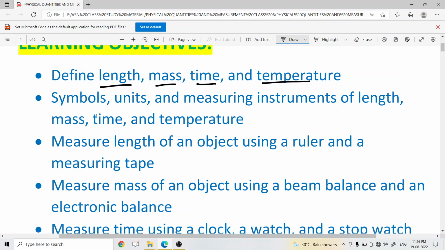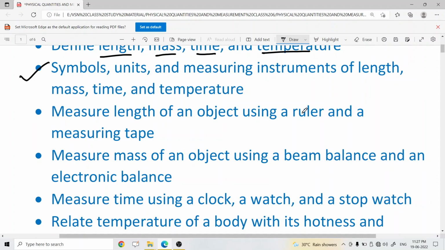And also we learn about symbols, units and measuring instruments of length, mass, time and temperature. In our daily life we always use length, mass, time and temperature, so at first we have to know the symbols, units and measuring instruments.